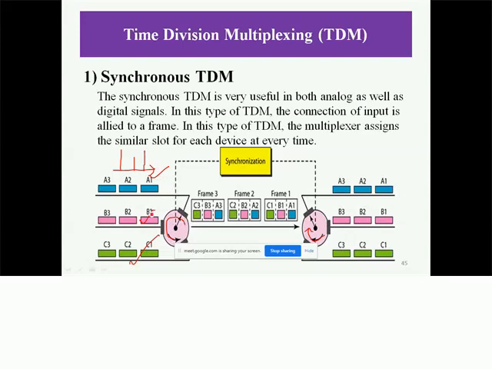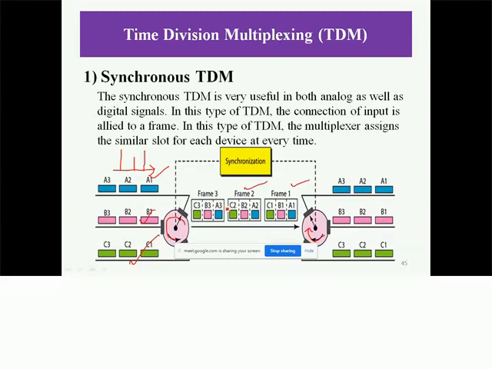So for frame 1 we get A1, B1, C1. After completing one rotation, there is A2, B2, C2, which is frame number 2, and in frame 3 we again have A3, B3, C3.